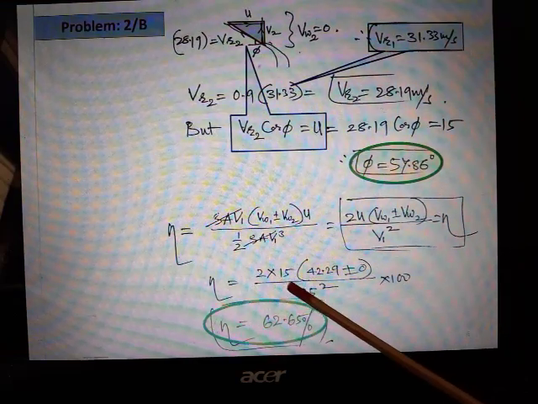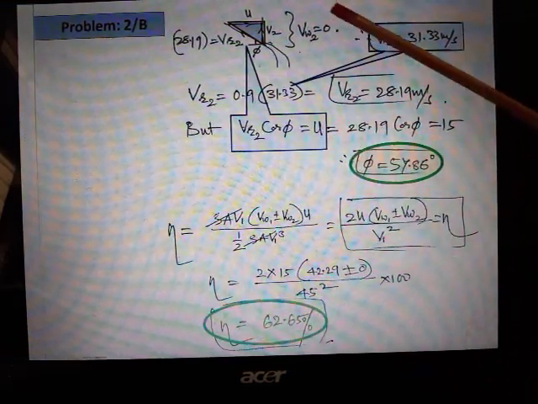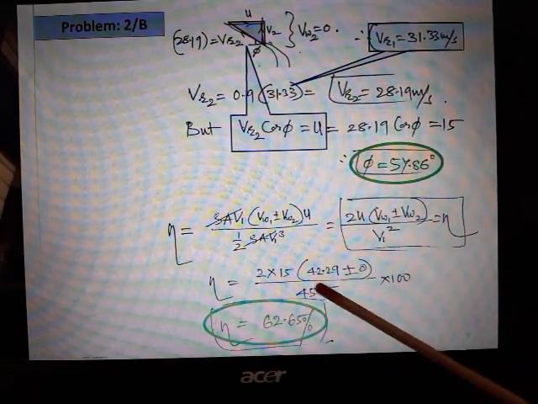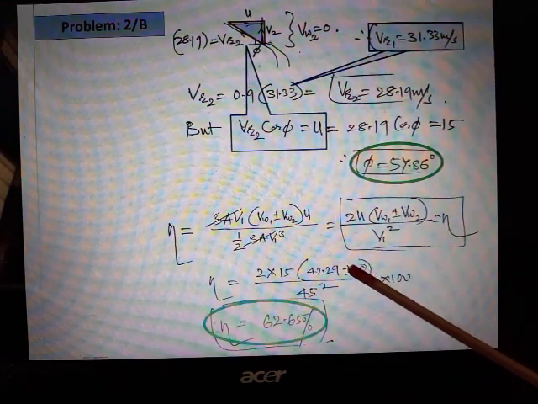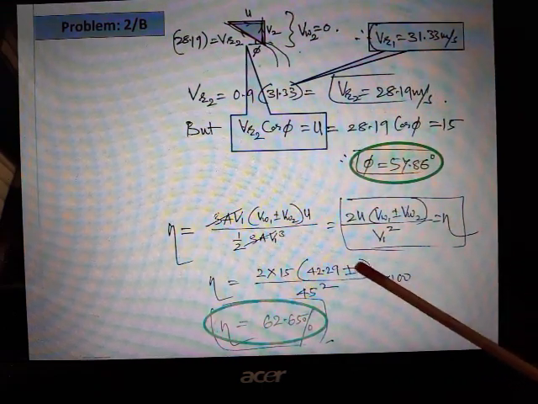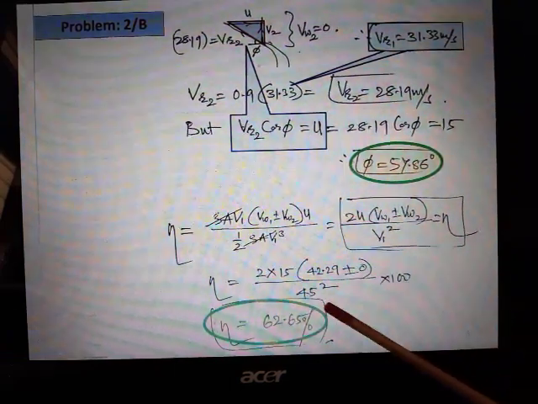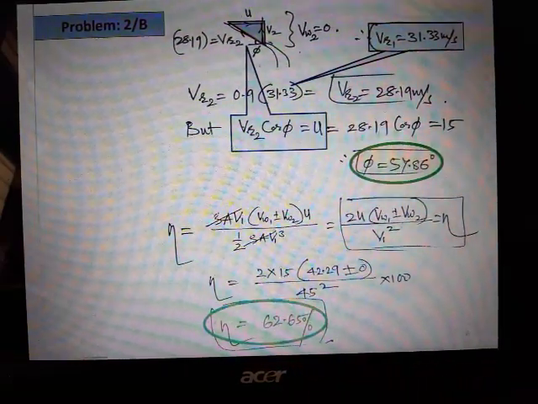U is given to be 15. VW1 is 42.29. VW2 is 0. So there is no question of plus or minus here. This we'll see in the next problem. The plus sign is when beta is less than 90 degrees, the minus sign is when beta is more than 90 degrees. So efficiency comes out to be equal to 62.65%.